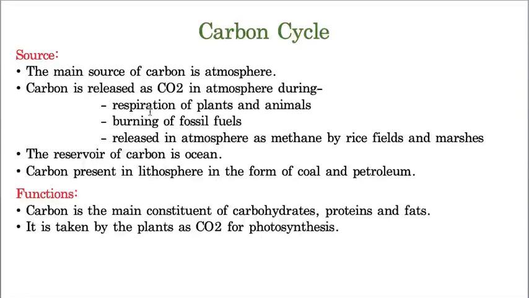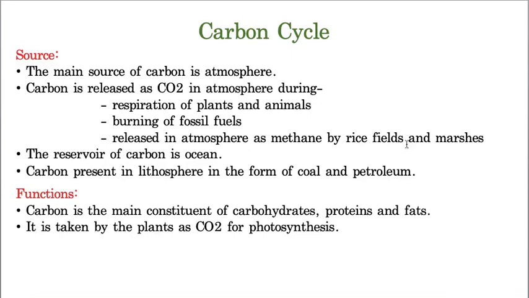For example, you are using some vehicle like a car or a bike, so obviously you are using some petrol or sometimes diesel. When these fossil fuels, petrol and diesel, are oxidizing, obviously carbon dioxide is released into the atmosphere, and it is also released into the atmosphere as methane by the rice fields. That's why I used to tell, even rice crops are responsible for global warming.